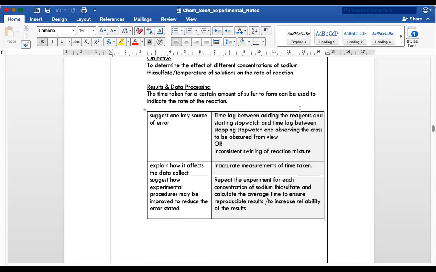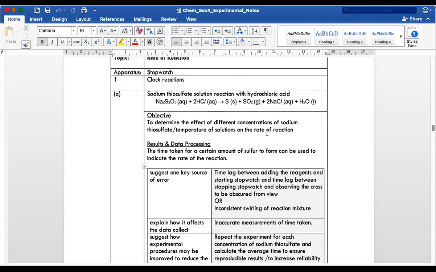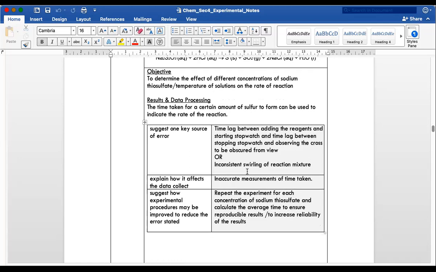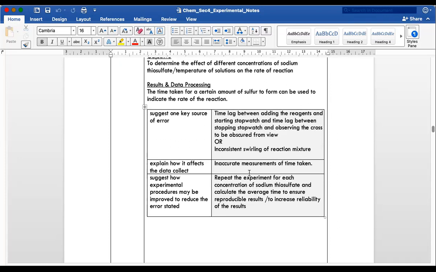So the time lag between adding reagents and starting the stopwatch, and the time lag between stopping the stopwatch and observing the cross disappear. Okay, this is a typical question on observing the cross disappearing due to the formation of the sulfur precipitate. All right. And how does it lead to inaccurate measurements, and how can they improve?